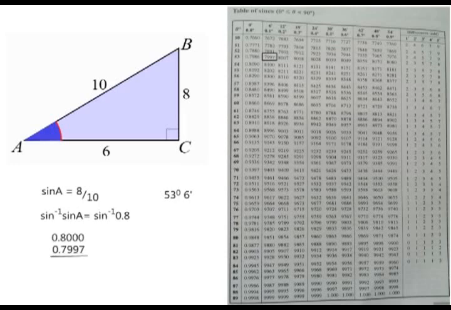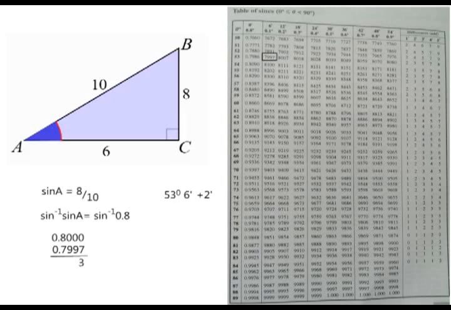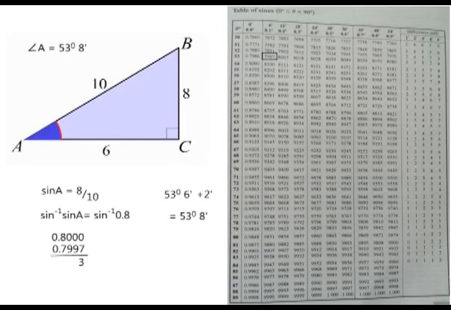When we subtract that, we get 0.0003. We look for 3 in the difference group. It's there and at the column of 2 minutes. So we add 2 minutes to our previous angle. 53 degrees and 6 minutes plus 2 minutes will give us 53 degrees and 8 minutes. I believe this was the angle we had.